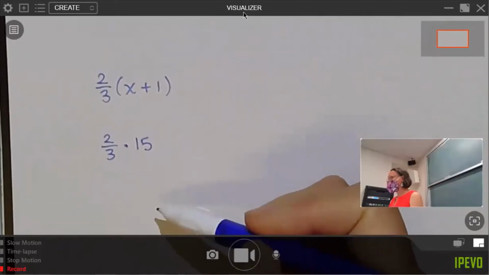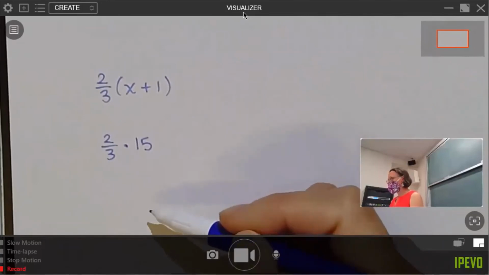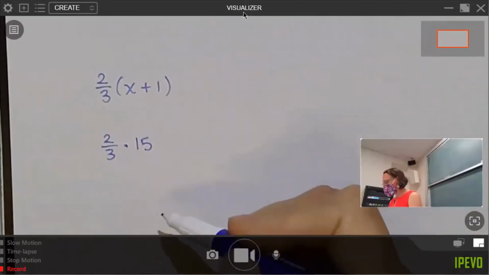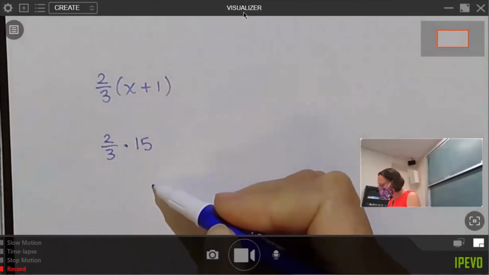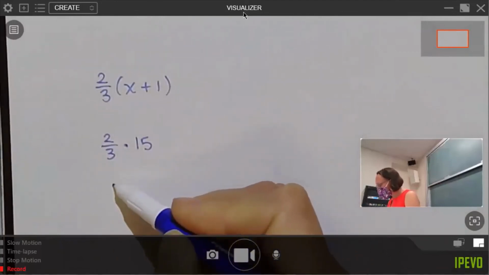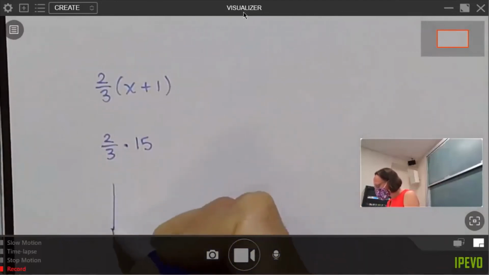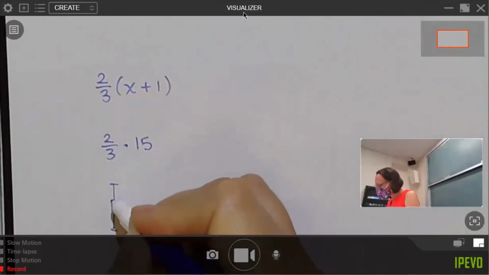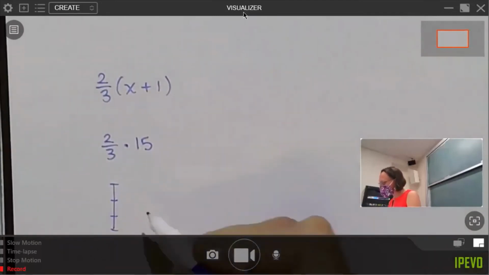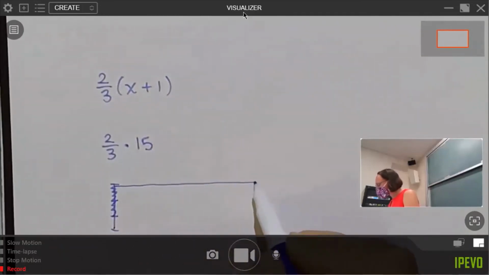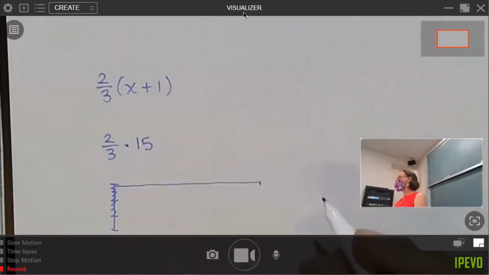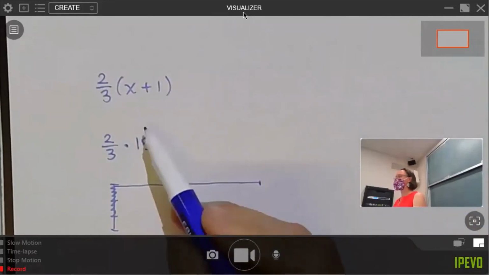I'm going to go back to my kind of dumb box analogy, but it works. I don't know why I chose 15, but in this direction, the size of my pieces is 1/3, and I have 2 of them. But in this direction, the size of my pieces is 1, because that's not 1/15.